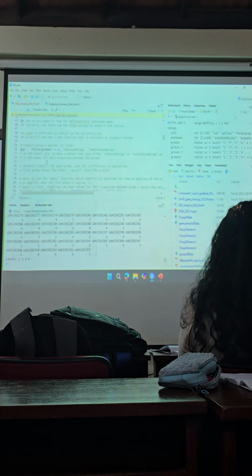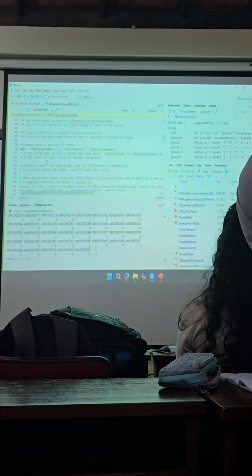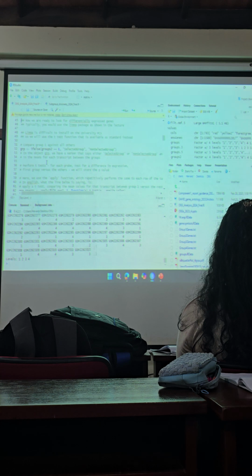Okay. Now what you are going to do is perform a t-test. So how are you going to perform the t-test? You can have only 2 groups, 2 samples, in the t-test.